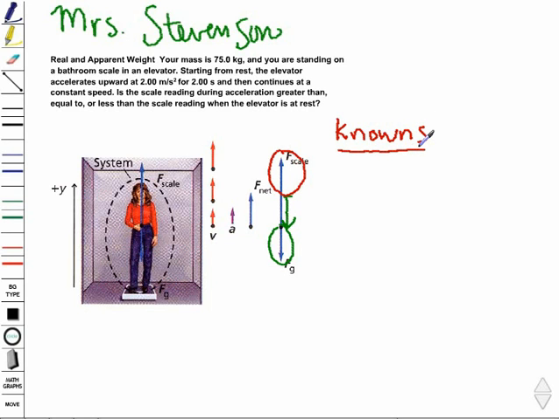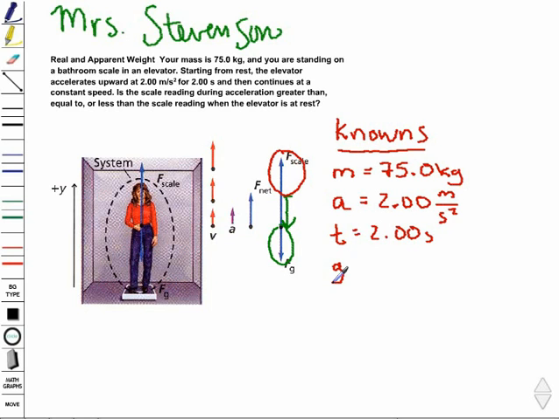In this problem, our knowns: we're given the mass of the person, or your mass, which is 75 kilograms. We are given the acceleration of the elevator, which is 2 meters per second squared. We're given the time that the elevator accelerates, which is 2 seconds.